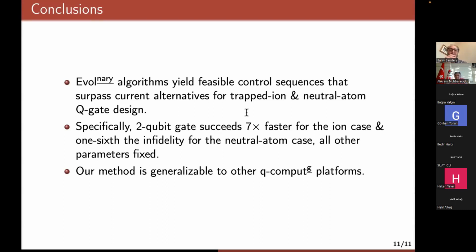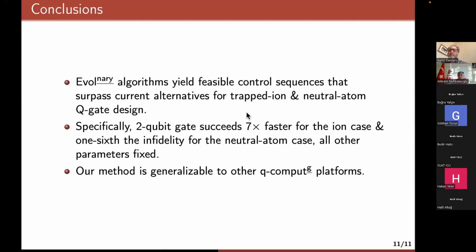So let's see if I understand. There's the control of the Rabi frequency, which is loosely speaking the intensity of the laser beam, and then there's a detuning, which is the frequency of the laser beam. So the detuning is really important, I guess, is the answer.